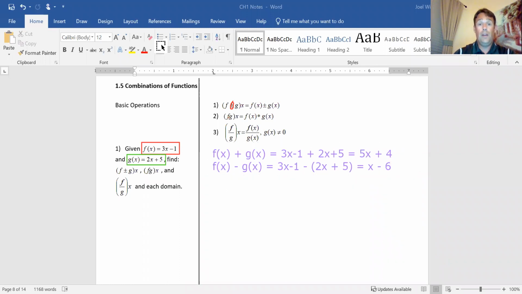Now, if we keep going here, what happens when we multiply them? So f of x times g of x. We're going to multiply the two together. We have our 3x minus 1 and we have our 2x plus 5.